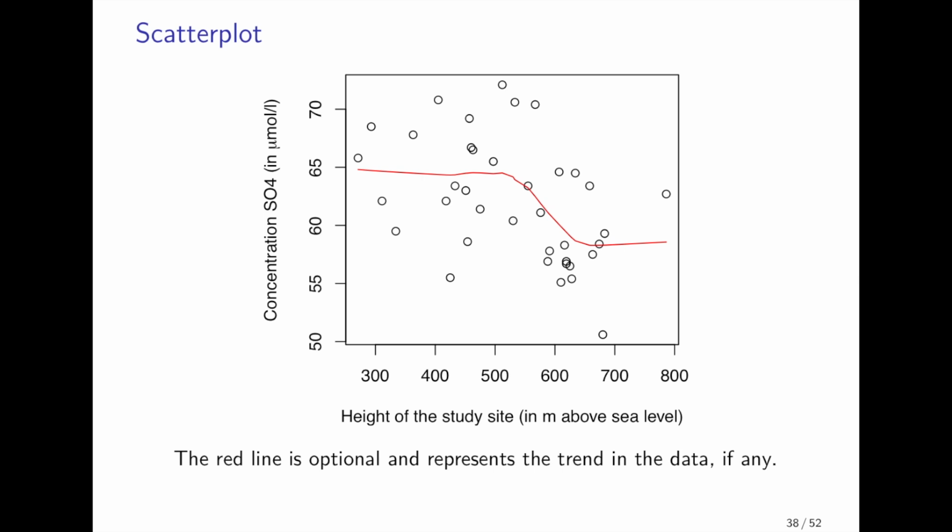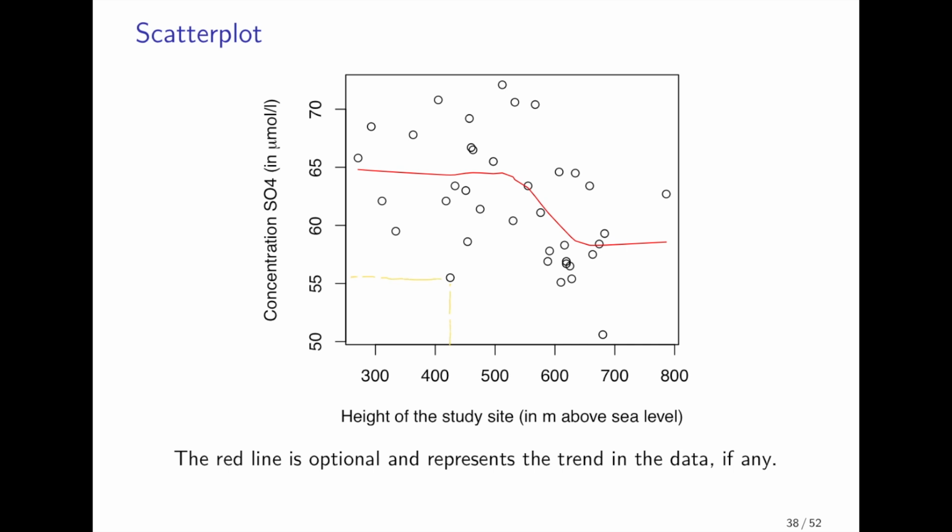So first, scatter plot. I think all of you have seen this before. It's a very simple plot to make. If you have two variables, then you put one variable on the x-axis, the other variable on the y-axis, and you plot a single dot for each observation in your data set. So let's take, for example, this dot right here.